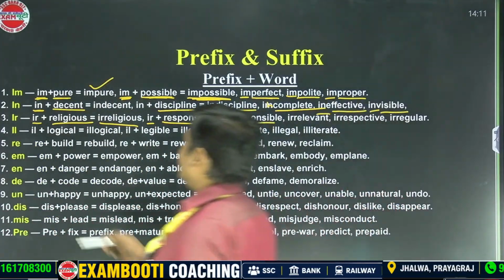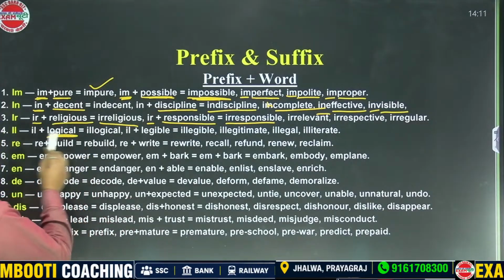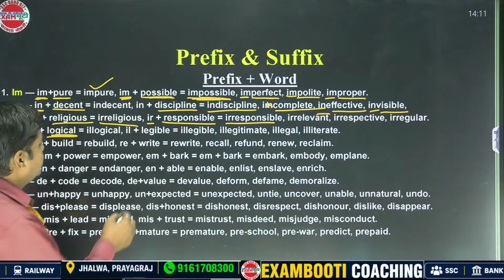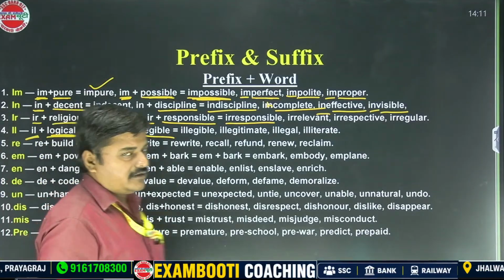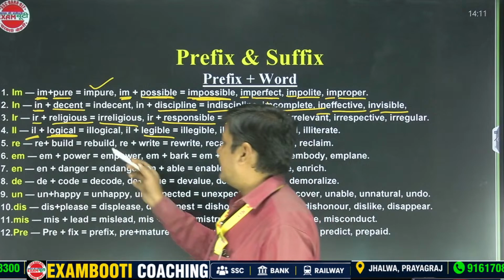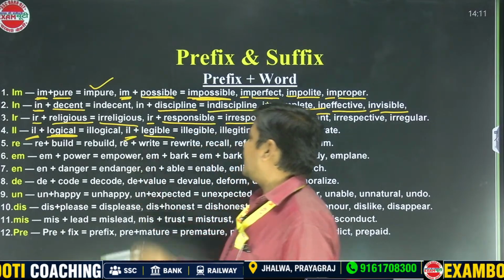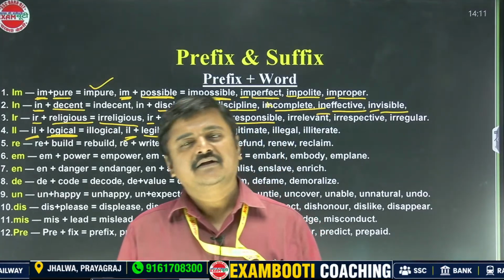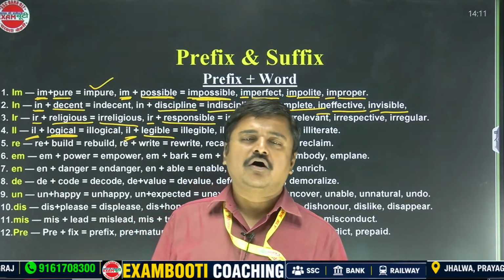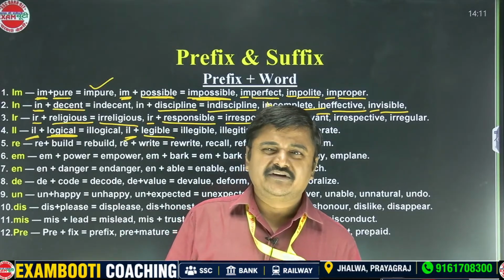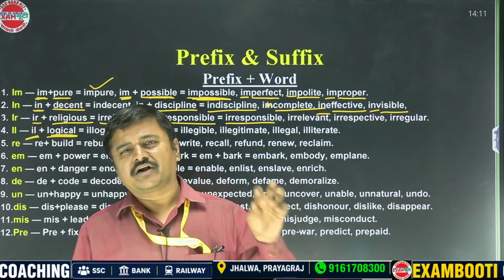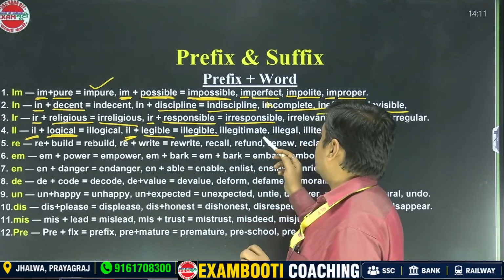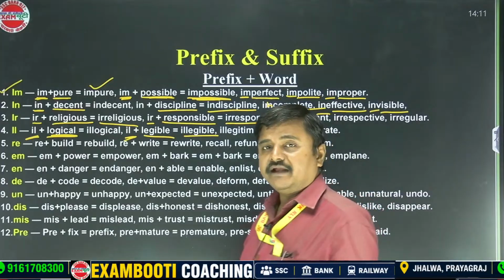Again, IL. If you add IL to logical, you will get illogical. Like legible. And if you add IL to legible, you will get illegible. Legible means readable. Illegible means that is not readable or unreadable. Written very poorly and you are not able to read it, that is called illegible. Now, legitimate and illegitimate.